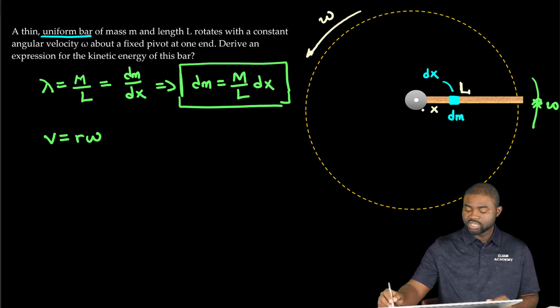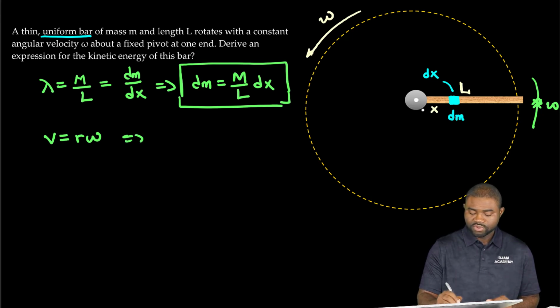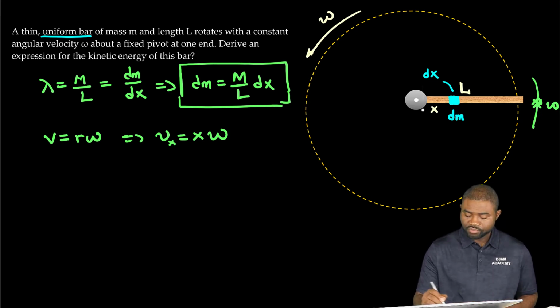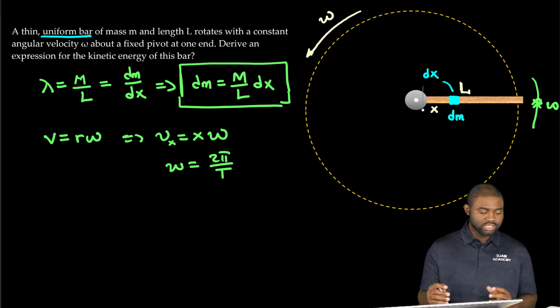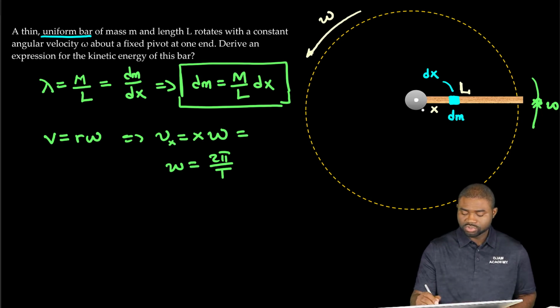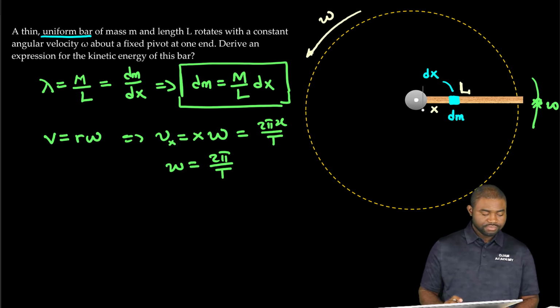So for this incremental mass, v will be equal to that radius x multiplied by omega, where omega is simply equal to 2 pi divided by T, where T is the period of rotation of the bar. So this is equal to 2 pi x divided by T.